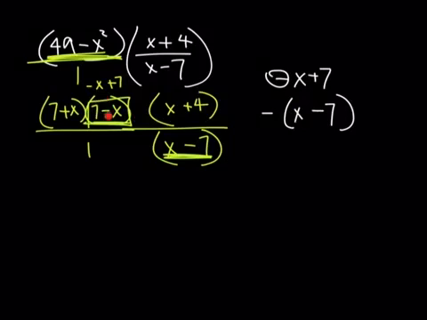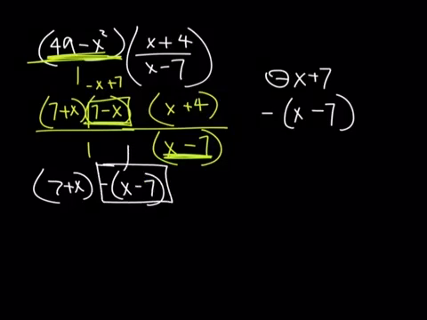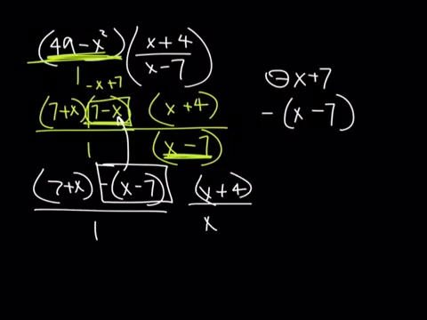So now, instead of that being a 7 minus x, it becomes a negative x minus 7. So this and this are the same thing, over 1 times x plus 4 over x minus 7.